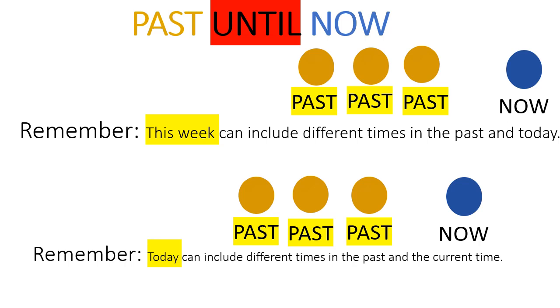You can also talk about today. Today can include different times in the past and the current time. So right now it's nighttime, that's one time. But today can include the morning, the afternoon. Okay, those are times in the past, different times, until now, which is nighttime.